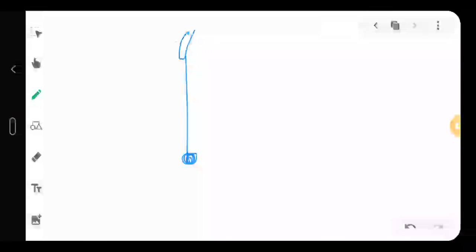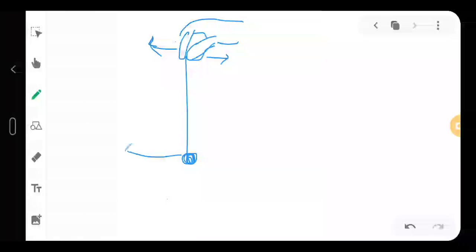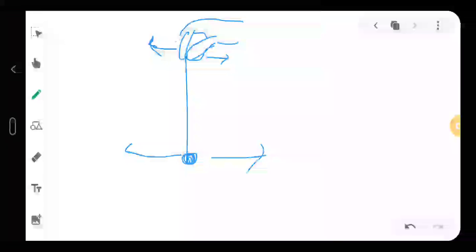You just hold the thread and move it. So what are you doing? You are inducing the oscillation, right? You are actually oscillating your finger, and that oscillation is inducing the oscillation of the stone also. These kinds of oscillations are called forced oscillation.